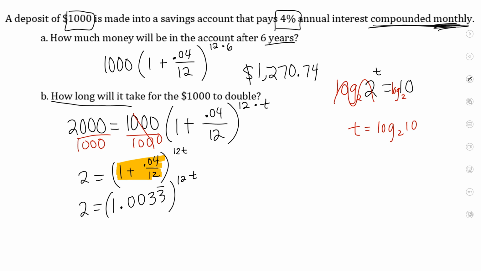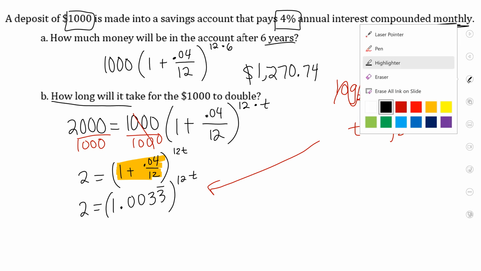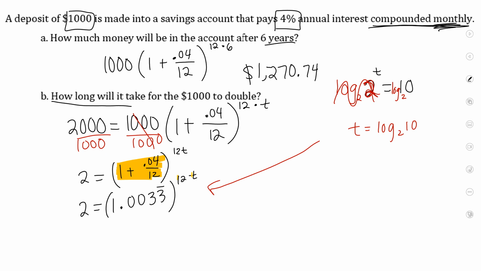We're going to use this same concept of taking the log of both sides. Here, since your base was a 2, we did log base 2. Going back to this example, what is your base? 2. No. Guys, look, let me highlight this for you. This is your exponent. That means this is your base. The base is the number that has the exponent, okay? So our base is 1.0033.